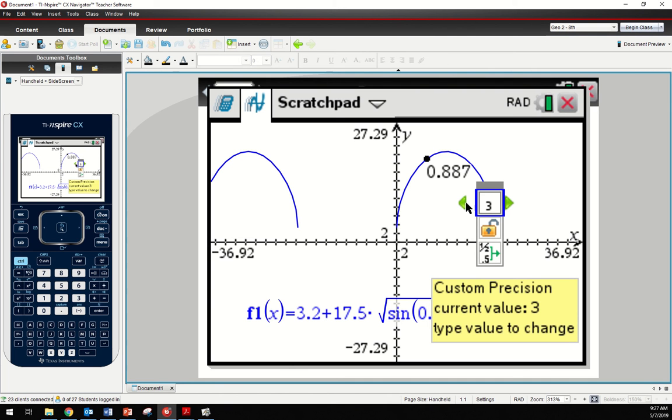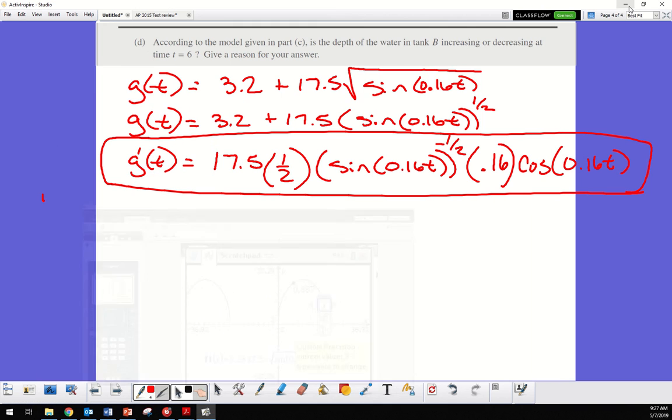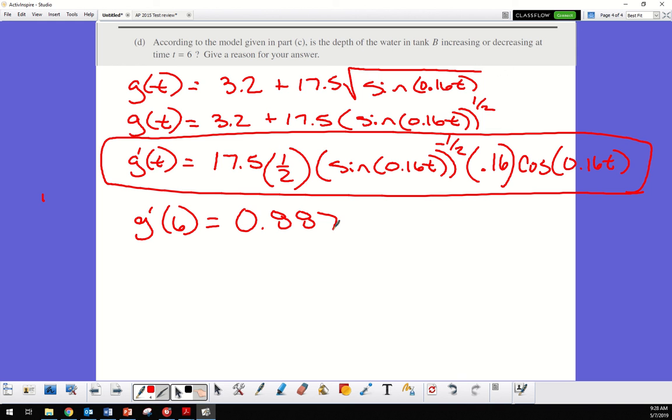So according to the AP, all of my decimals are going to be correct. All right, so I have 0.887. So I'm going to say g prime of 6 is equal to 0.887.